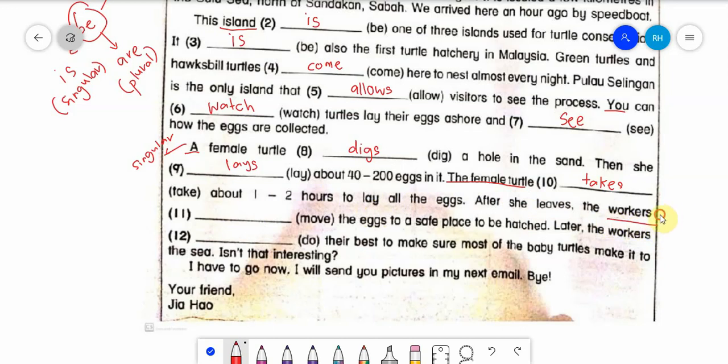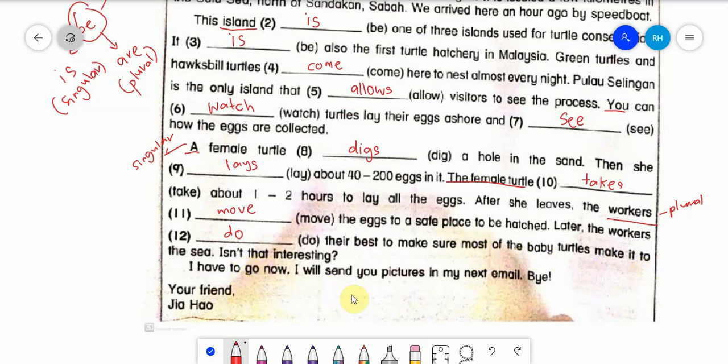Okay, now the workers is plural, so when plural we don't need to add s. The workers move the eggs to a safe place to be hatched. Later the workers, again plural, do their best to make sure most of the baby turtles make it to the sea. Isn't that interesting?